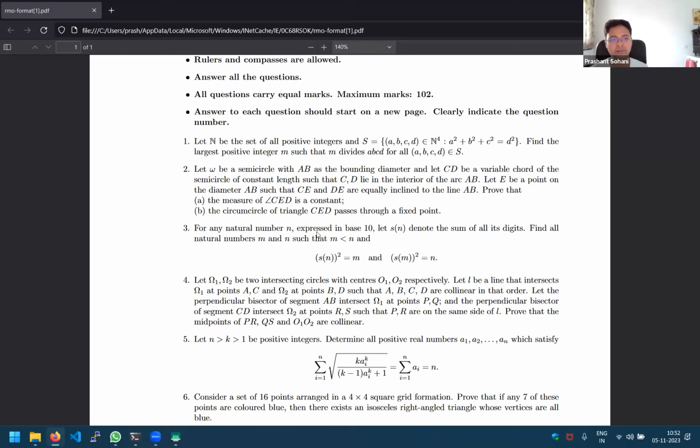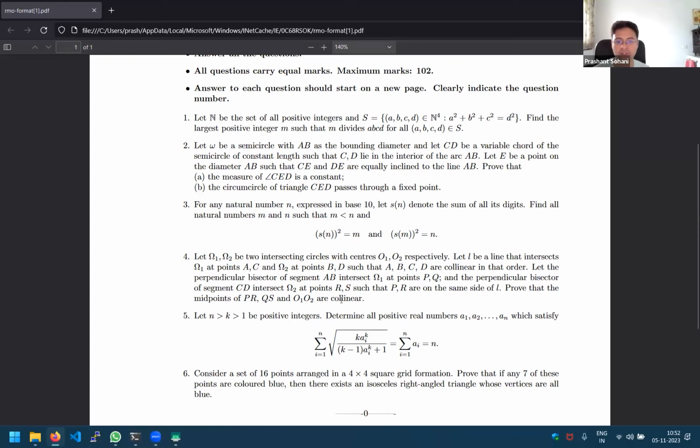But I think there are still some questions which were very good, that gave a lot of insightful information and really try to test you in various ways. Are you able to think, apply configurations of different kinds? Like question 2 had 2 approaches, where one of them used that orthocenter configuration. Question 4 also, in one of the approaches, or at least one step, you can apply the orthocenter configuration if you want.